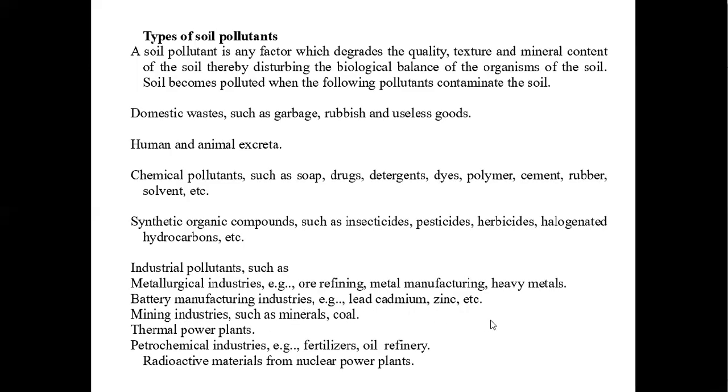Mining industries release minerals and coal, and thermal power plants also release some soil pollutants. Petrochemical industries produce different soil pollutants like fertilizers, oil refineries, and radioactive materials are also produced from nuclear power plants. So there are different kinds of soil pollutants.